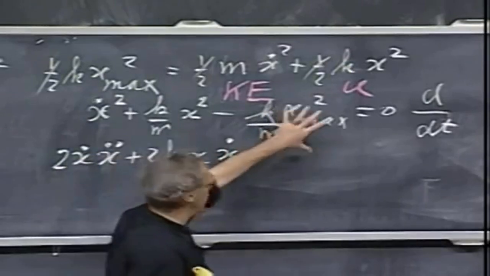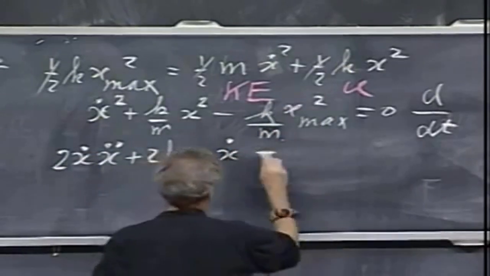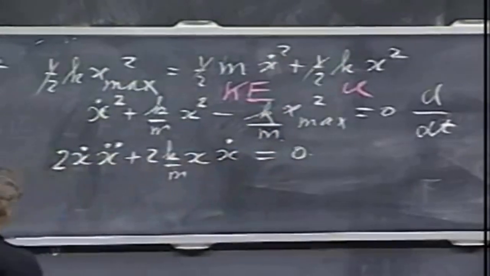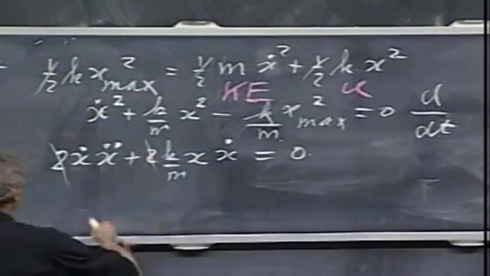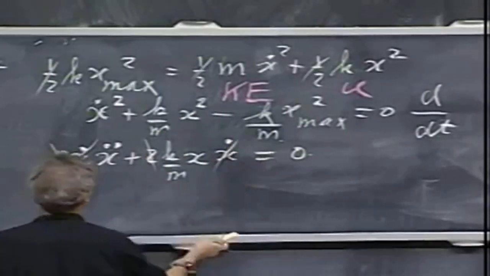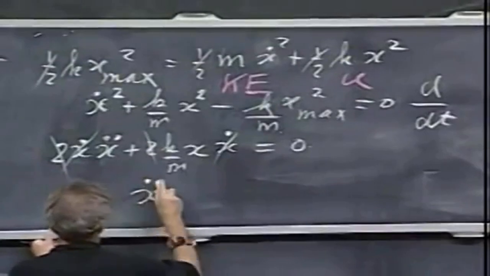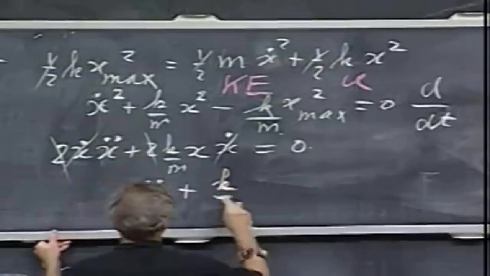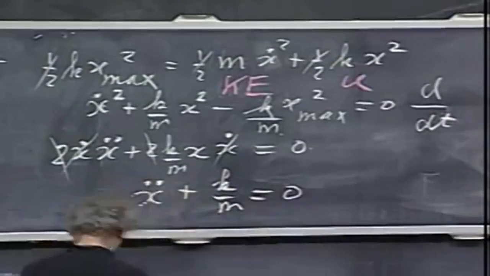This is a constant, that's the total energy when I started, so the whole thing equals 0. I lose my 2, I lose my x dot because it's 0, and what do I find? X double dot plus k over m x equals 0.